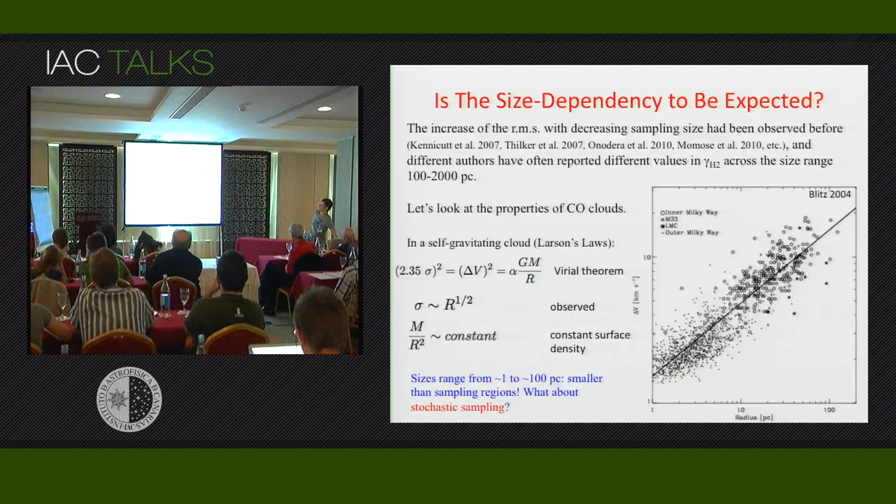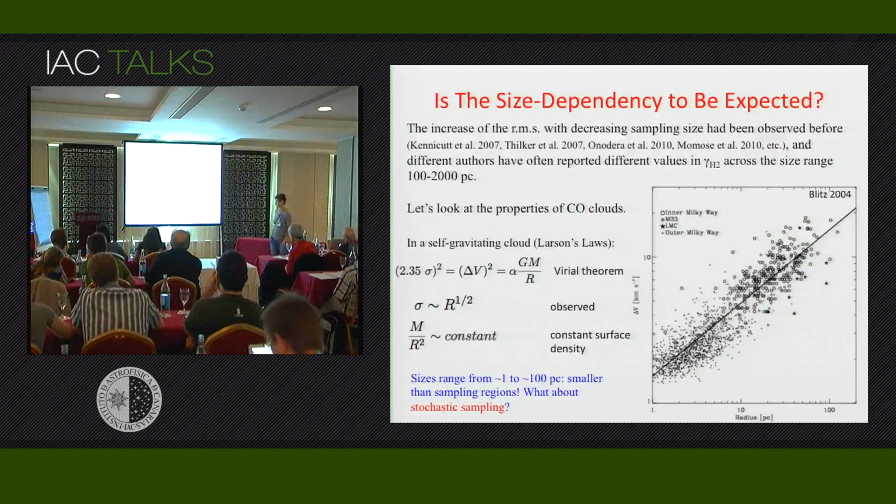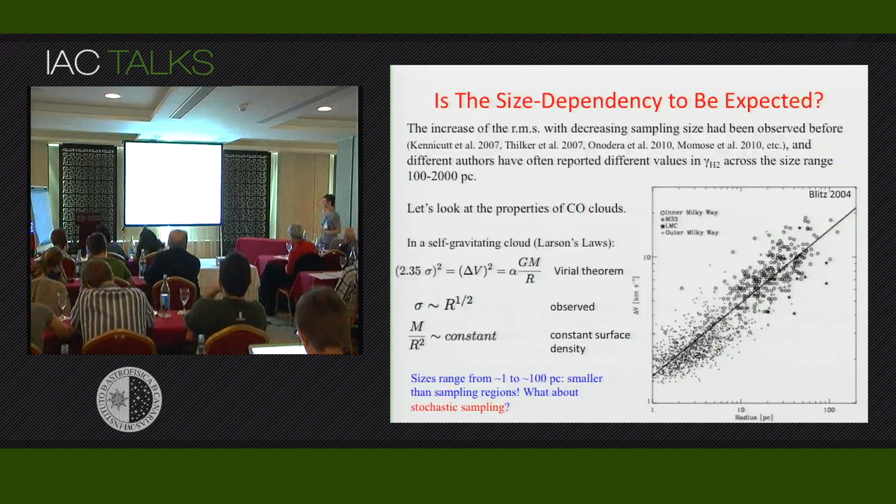So that means that in your half kiloparsec region or 1 kiloparsec region, you are very much likely to have a lot of 1 parsec scale clouds. Okay? You're going to accommodate a very few 100 parsec scale clouds. And because molecular disks are usually fairly thin, of the order 100, 150 parsecs, you're not going to have a lot of clouds aligned along this line of sight.